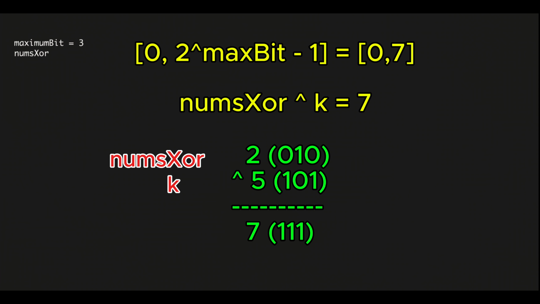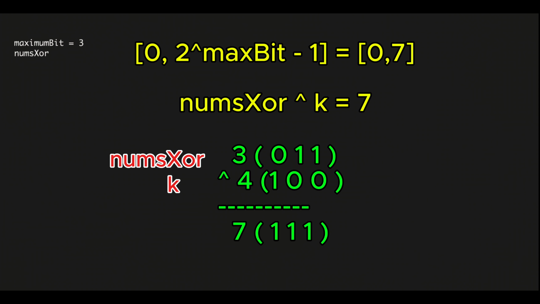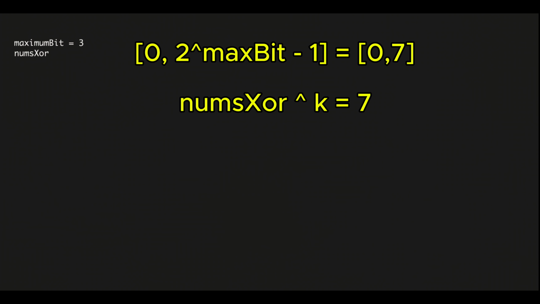Similarly, if num XOR is equal to 2, k should be 5 because 2 XOR 5 is equal to 7. Similarly, if num XOR is equal to 3, then k should be equal to 4 because 3 XOR 4 is equal to 7. So basically, as we already saw, k's value can be derived from num XOR and it will be equal to 7 XOR num XOR itself, where 7 is the maximum value of k.